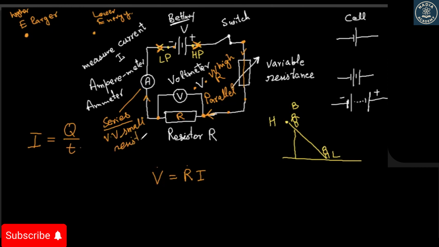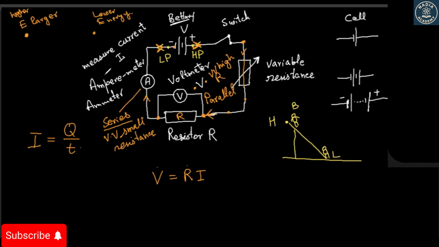So what we learned here is that the ammeter has very small resistance, and the voltmeter has a very large resistance and is always in parallel. And the ammeter is in series. Got it? So this is how we design the simple circuit. This is our simple understanding of electrical circuits.